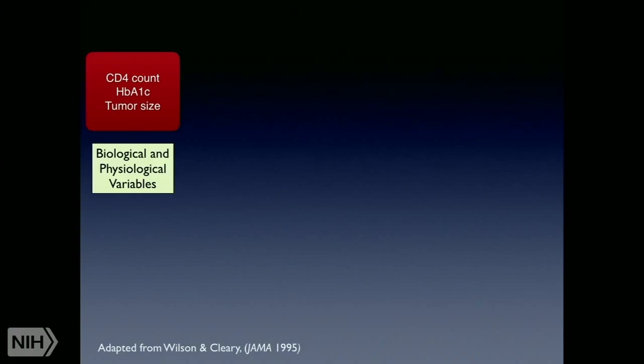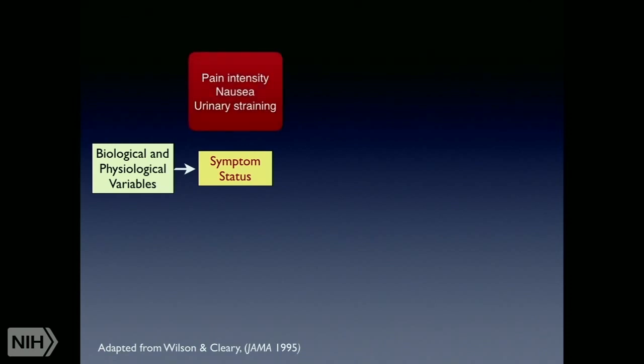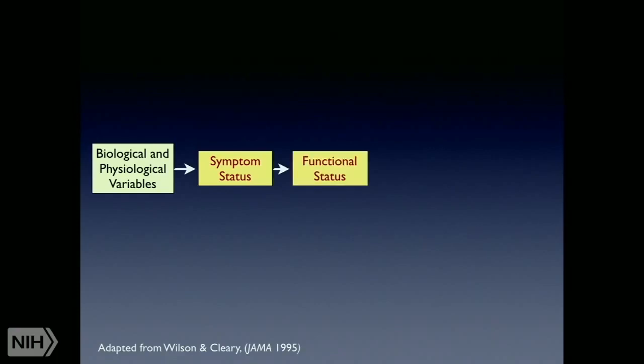Those bodily changes give rise to different symptoms, right? And so symptom status, like pain intensity, nausea, urinary straining, symptom status is the first time we start to see a potential for a patient-reported outcome here. Changes in symptoms can affect the person's day-to-day functioning.